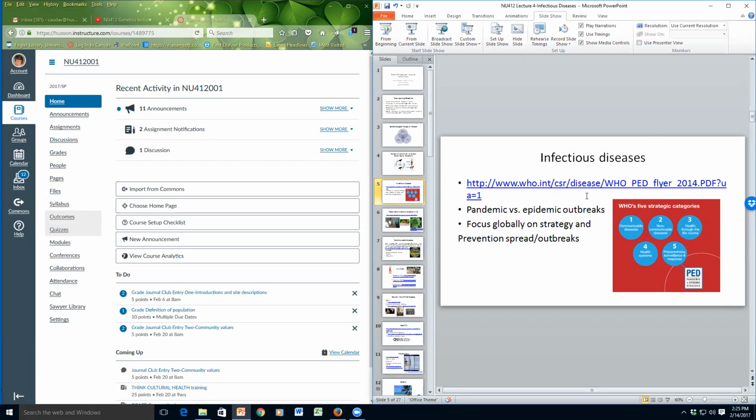If you look here, I've included a slide on the World Health Organization pandemic versus epidemic outbreaks. And they have 5 strategic categories that they use when they're analyzing how an outbreak is occurring.